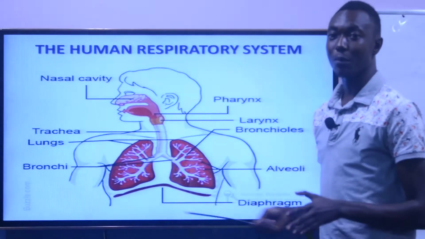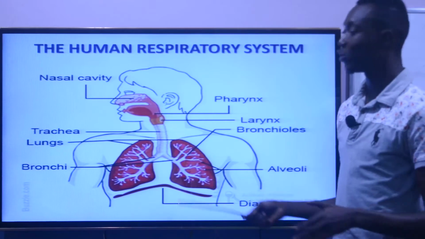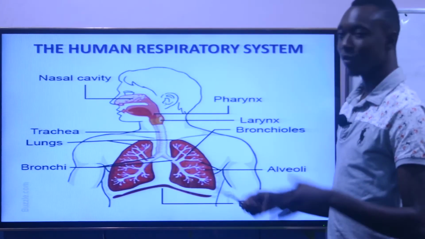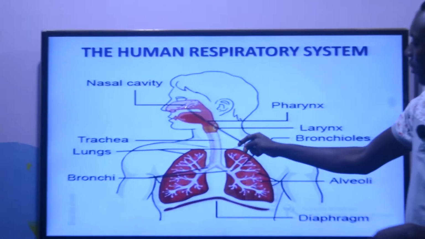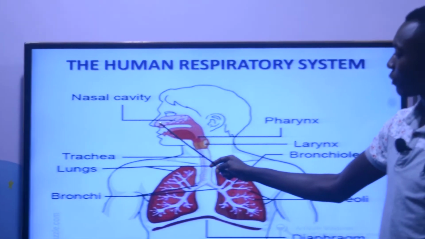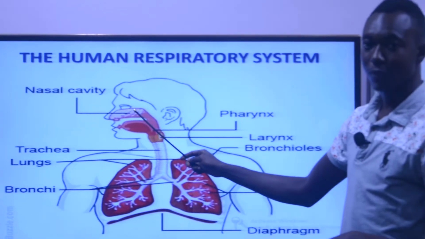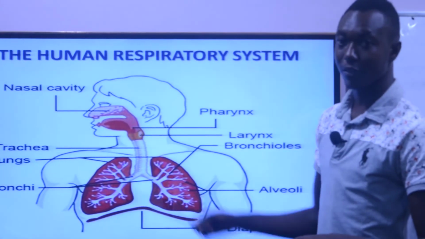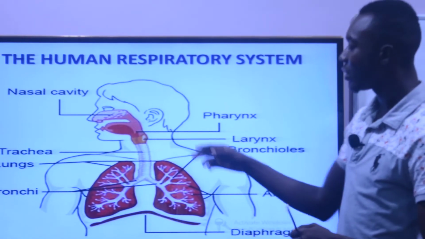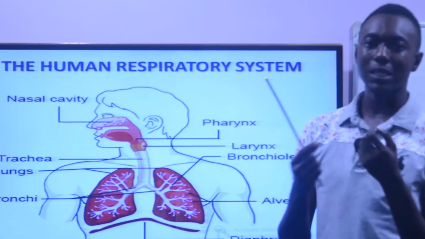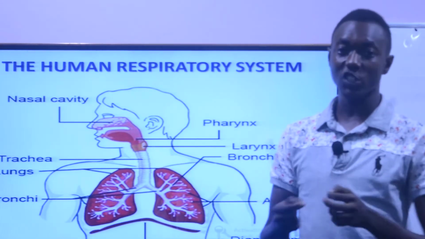The human respiratory system. There's a diagram of the human respiratory system. Let's look at some of the parts. First, we have the nasal cavity, stretching from this side up to this end. That's what we term as the nasal cavity. Now let me tell you something briefly about the nasal cavity. The nasal cavity has some tiny hair-like structures.